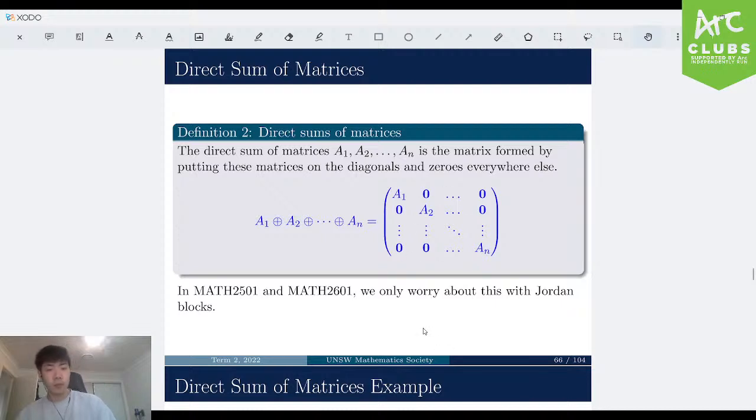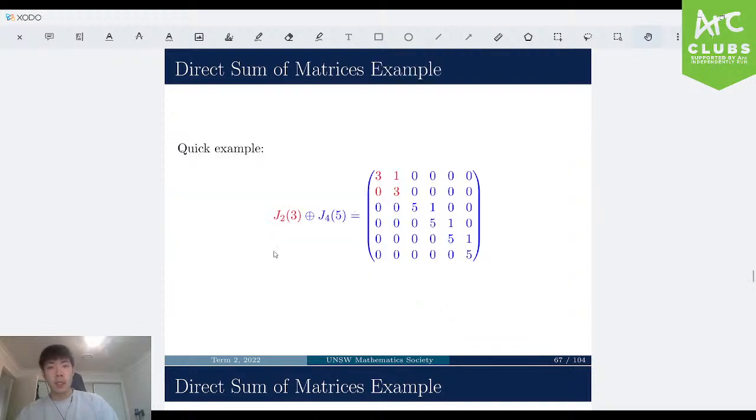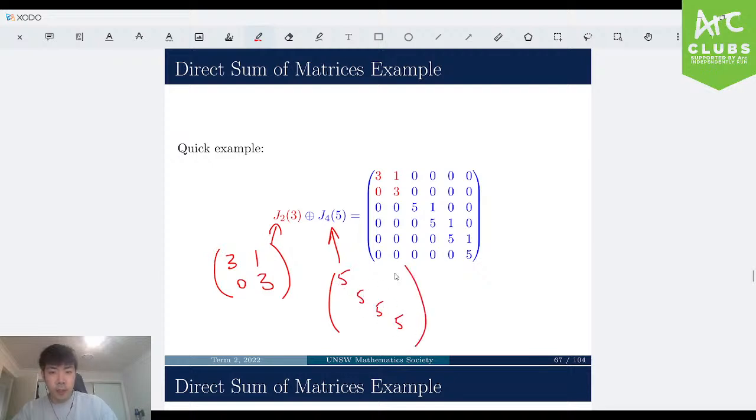Okay. So as an example, the direct sum of the Jordan block J23 and J45. So J23 would look like this, so this would be a 2 by 2 matrix with eigenvalue 3, with a 1 in the super diagonal and 0 everywhere else. And this one here would be a 4 by 4 matrix with diagonals with eigenvalue 5, and then 1s on the super diagonal, and then 0 everywhere else.